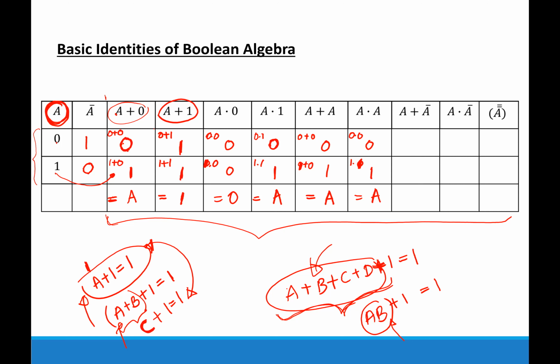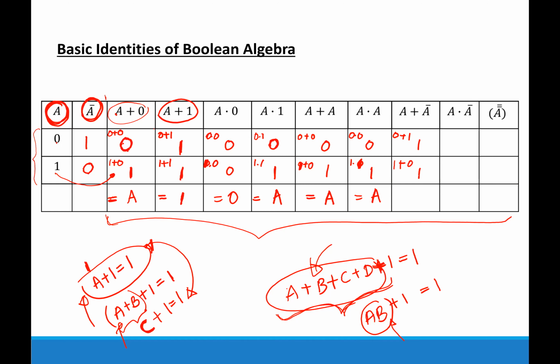Okay, next one. Now A is equal to 0. Now here we have A bar, the complement of A. Here we found A bar, so we can consider these two columns. Okay, 0 plus 1, it's equal to 1. And next one, now A is equal to 1 and A bar is equal to 0.